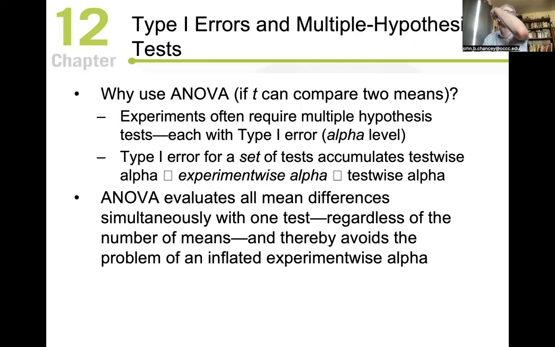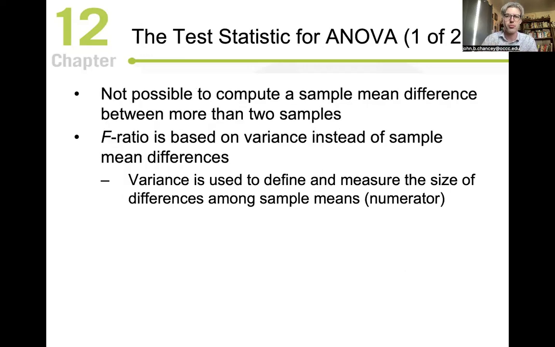So our likelihood of committing a type 1 error goes up by our alpha level each time we're conducting these t-tests. So essentially what ANOVA does is it evaluates all of those mean differences simultaneously with one test, regardless of our number of means, and avoids inflating our experiment-wise alpha level. We don't increase the odds of committing a type 1 error, I should say.